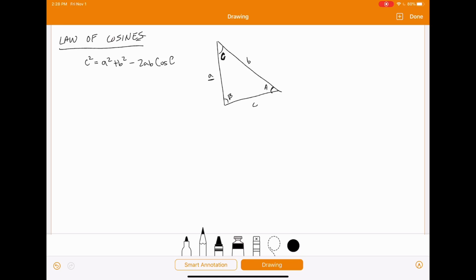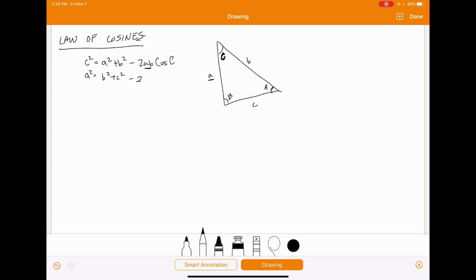Now, this equation here can also be rewritten to find different sides. So we can have a squared equals, now since we're doing a squared, these two over here are going to be the other sides that isn't over here. So we're going to have b squared plus c squared minus 2.